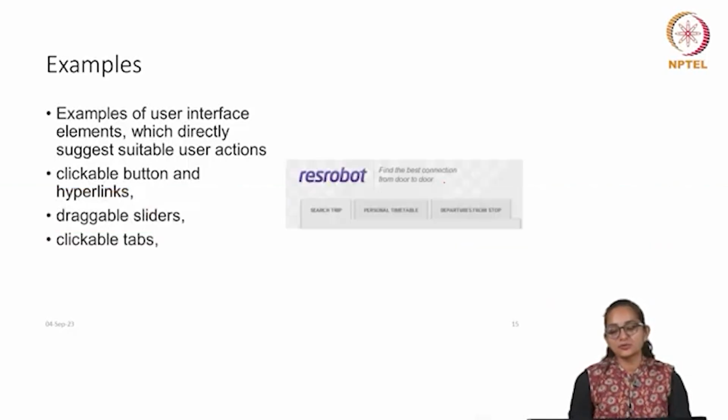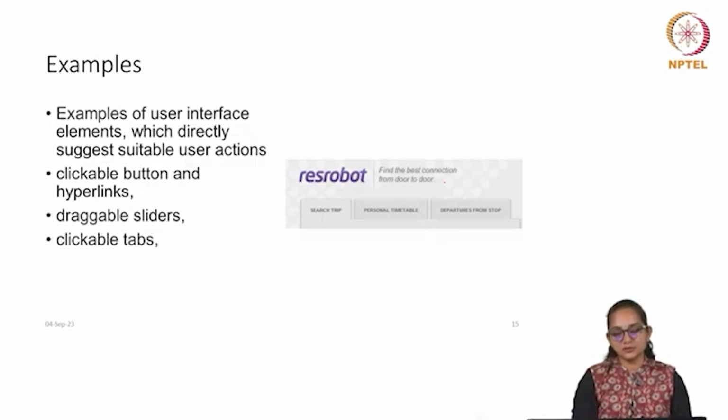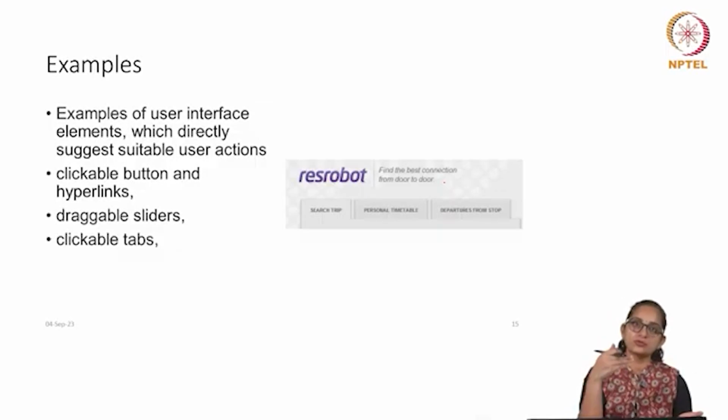Clickable tabs, this is also something I am sure you all might have seen, those tab files where there are several tabs in each section. This is where user interface designers initially borrowed the idea from the familiar intuitive surroundings of their users, that when you were using physical files, they also had these tabs, and the file was kept in a folder which was kept in a drawer.